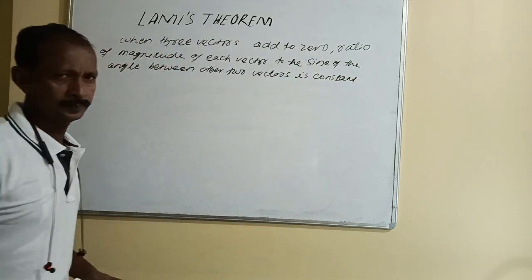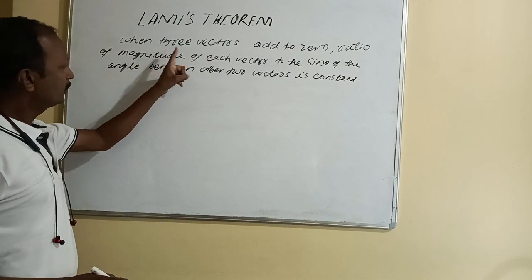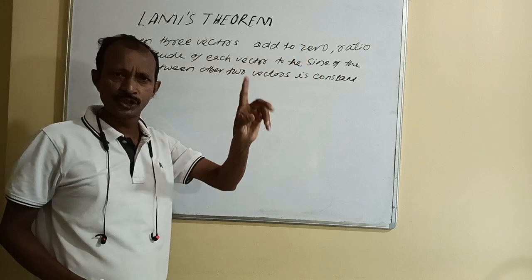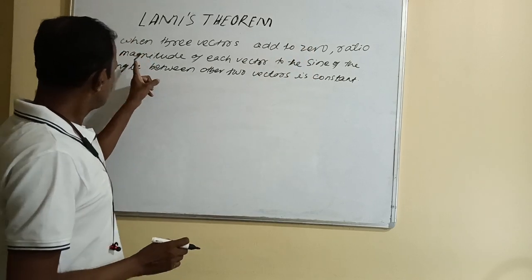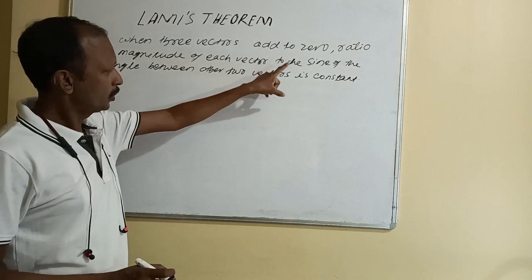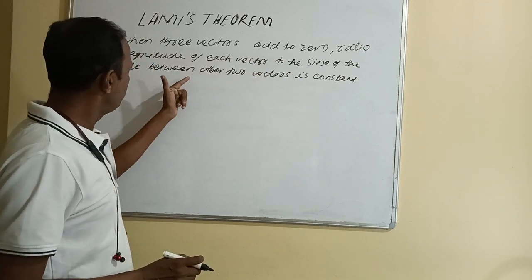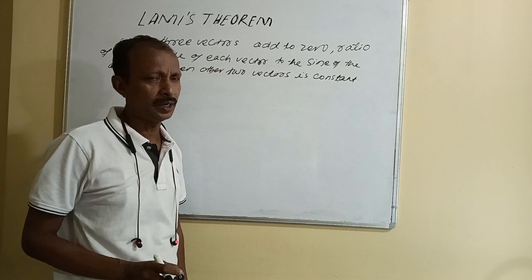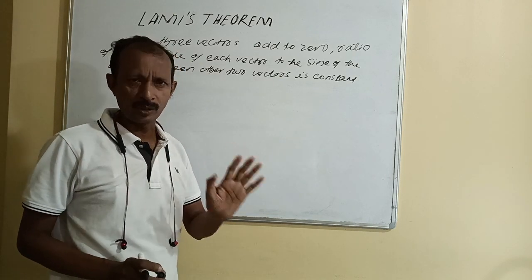What I have written: when three vectors are added to 0, the ratio of magnitude of each vector to the sine of the angle between the other two vectors is constant.